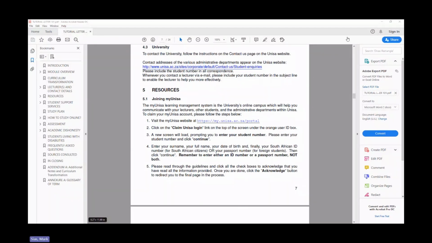It's about the PDF, the first assignment. So it's not in tutorial letter 101, right? Yes, I wasn't given the PDF, I was only given the special number. Oh, okay.